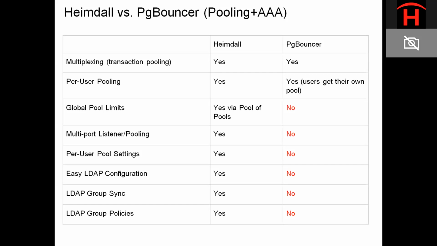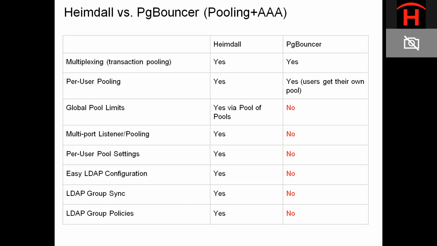Next part is that with PG Bouncer, at least the newest version of PG Bouncer, it relies on PAM, or pluggable authentication modules, to do LDAP support. As a result of that, you have to go into your operating system and configure your LDAP configurations, etc. And that means that no matter how many instances of PG Bouncer you have, you effectively have only one authentication domain.